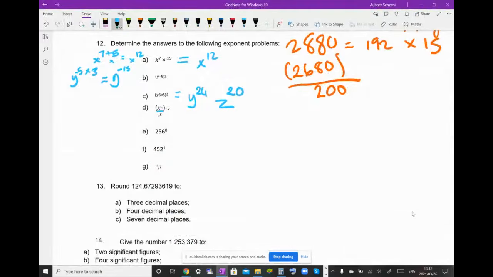Okay, so x, let me do it on the other side. We say x to the power negative 2 times negative 3. Negative 2 times negative 3 is going to give you a positive 6.